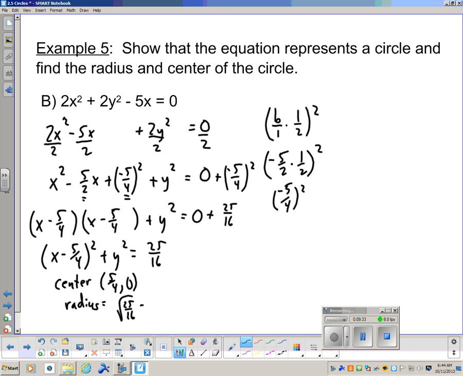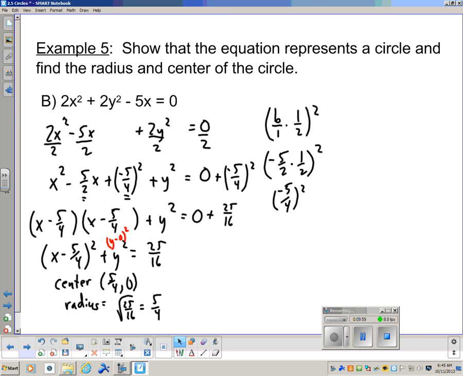That 25 sixteenths is r squared. Taking the square root, we get 5 fourths. The radius always has to be a positive value, so you don't have to worry about the negative of that either. And remember in here, we could have written this as y minus 0 squared. So it might help you to see that the y value of the center there is 0.